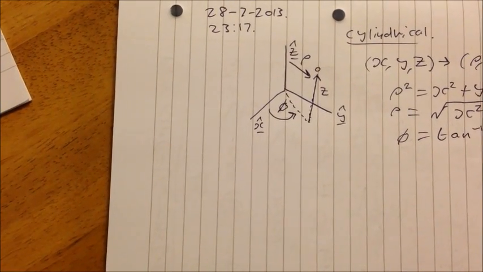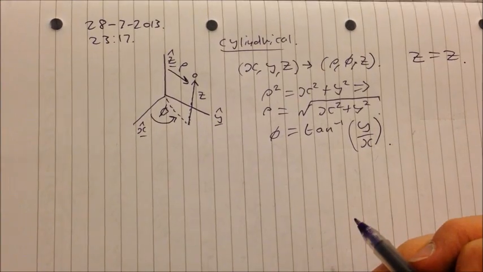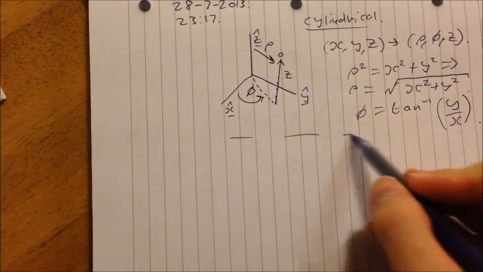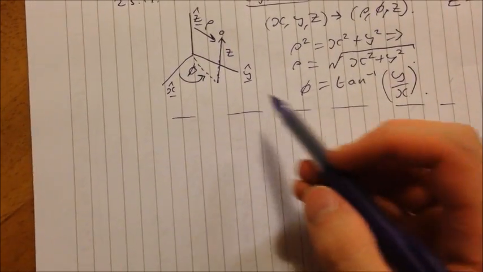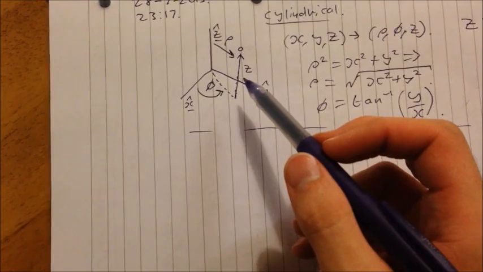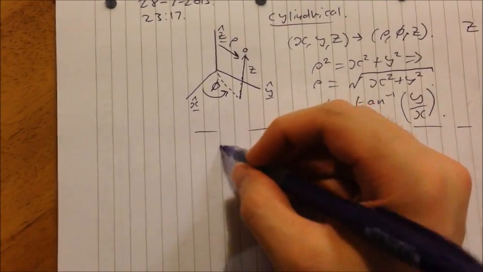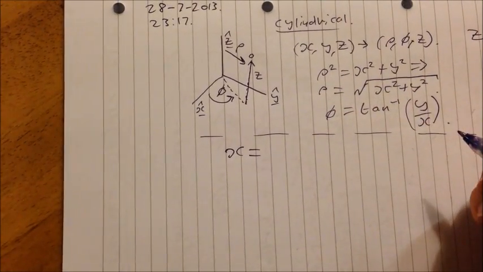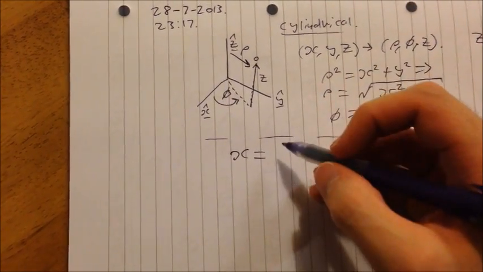Okay, now to convert from cylindrical to Cartesian. You can see by looking at this diagram that x, let's do x first, is equal to rho cos phi.